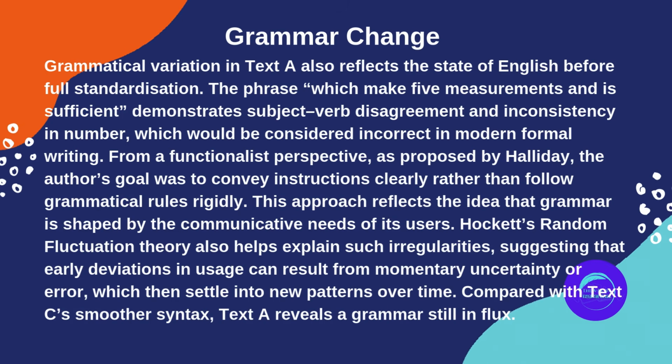The writer's main goal was to give instructions, not to meet strict rules. Hockett's random fluctuation theory also applies here. It suggests that irregularities often arise from human error or temporary inconsistency, rather than systemic rules. In contrast, text C shows more consistent, standardised grammar, reflecting modern expectations.